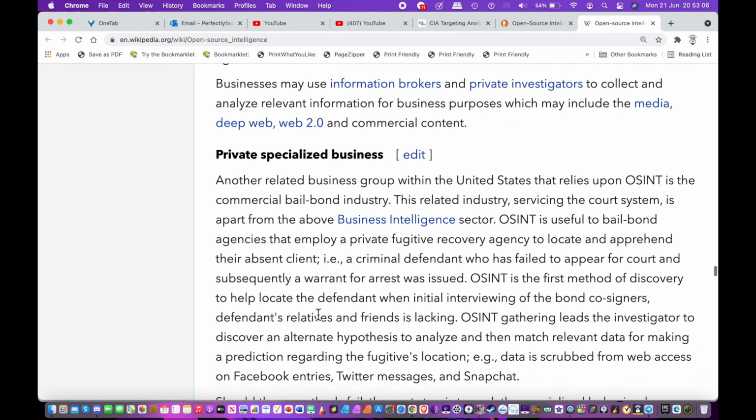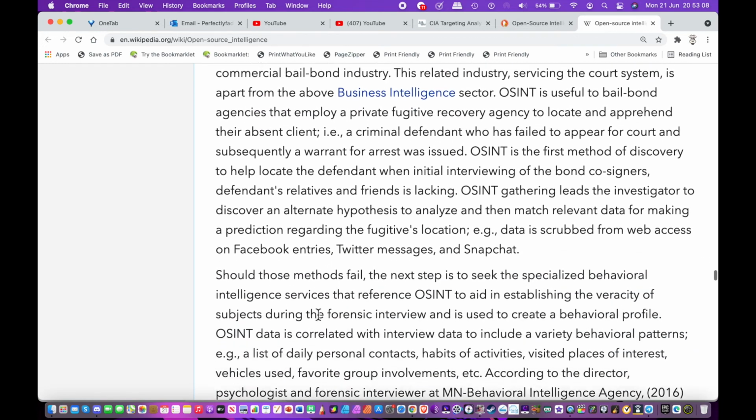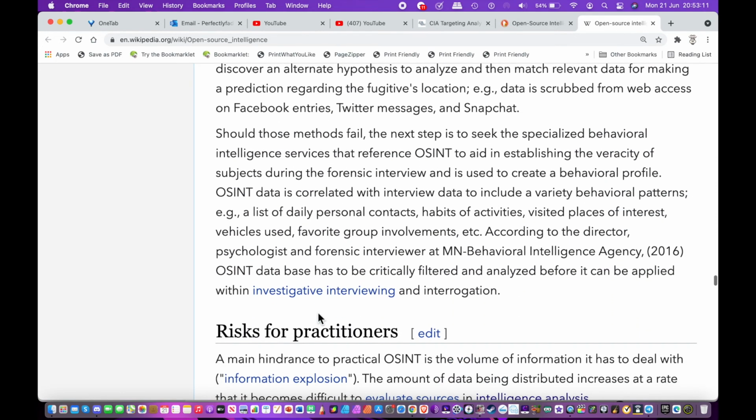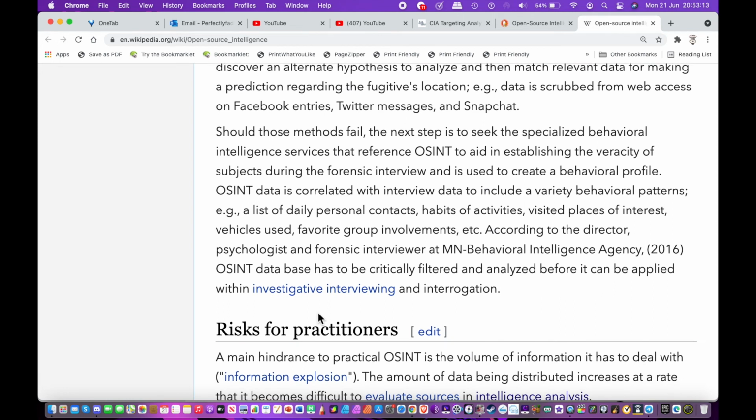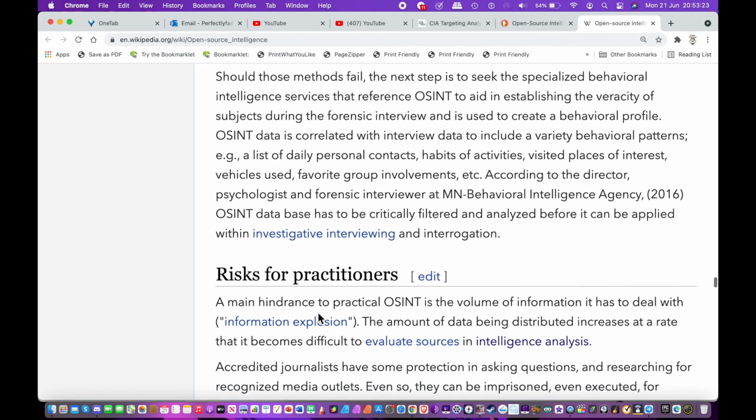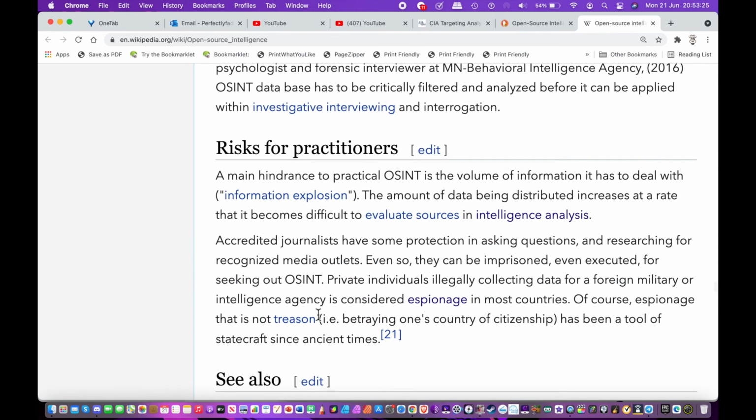Business, private specialized business, so like business intelligence or private intelligence agencies. Okay. A main hindrance, risks of practitioners.